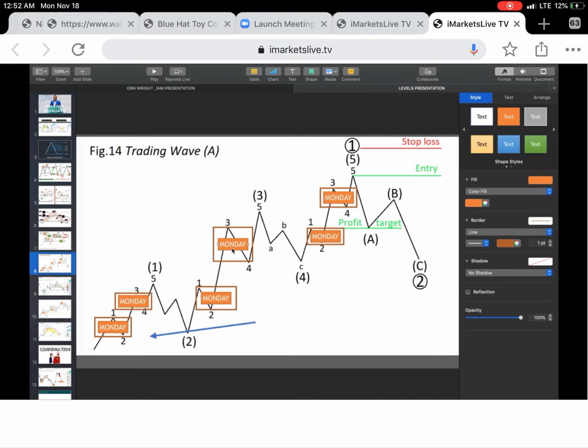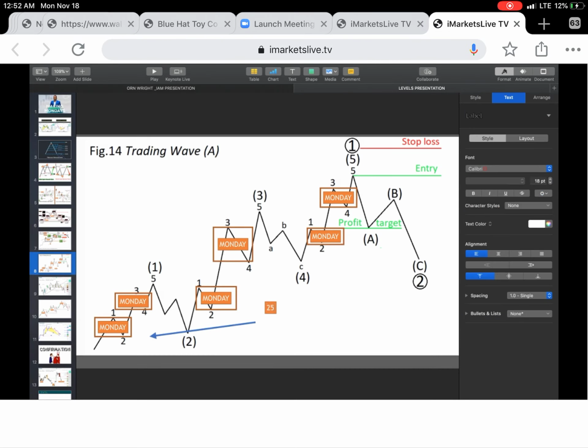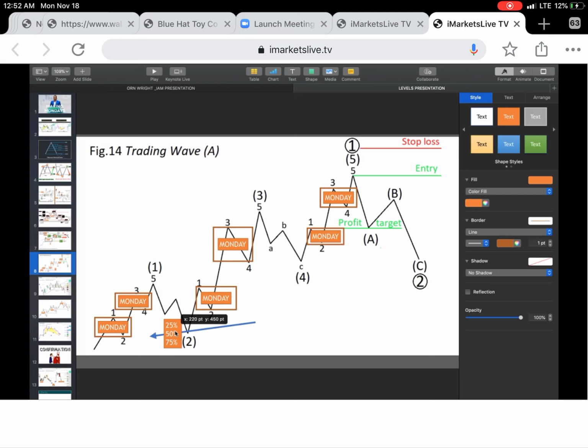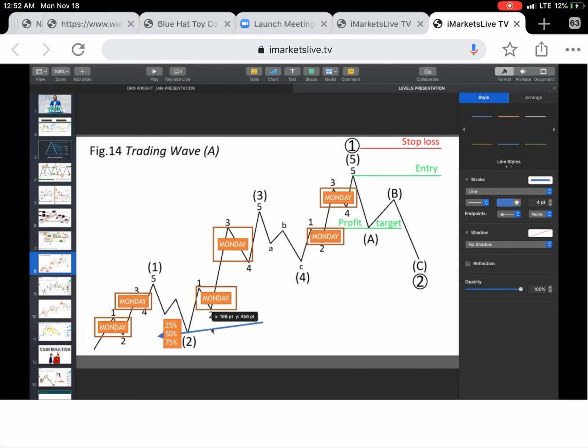It's always the same thing. Nothing changes. 25%, 50%, 75%. Nothing changes. This blueprint right here is the blueprint that's going to change your future.